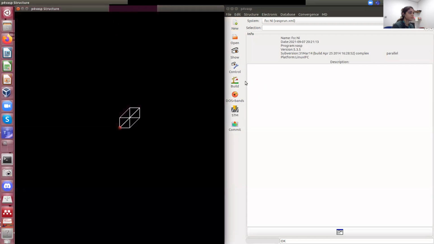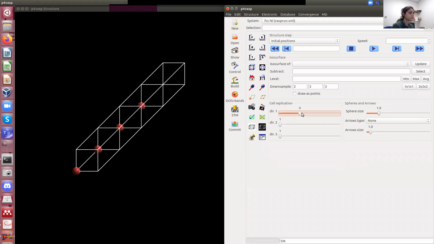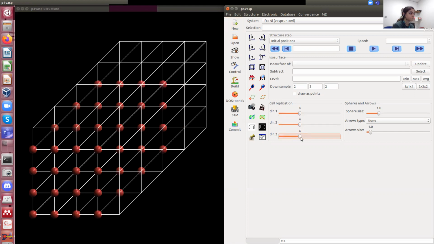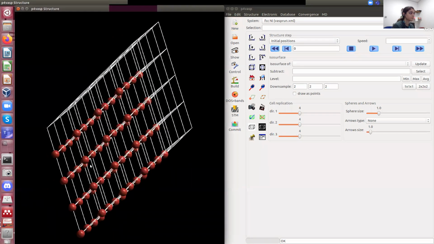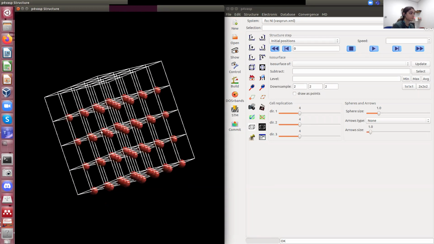So this is your VASP. Okay, I'll increase a bit the size. Remember that this is periodic, so it's periodic in all the 3 dimensions. So that is a VASP. Okay, that is just a big box. And you see that it's a bit distorted because this crystal structure is distorted.